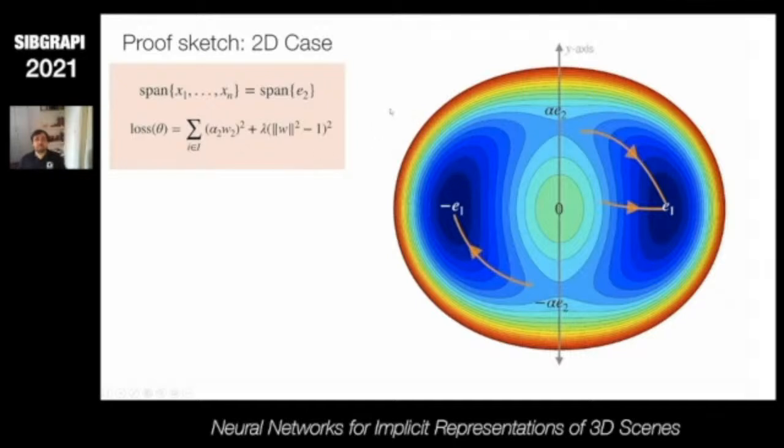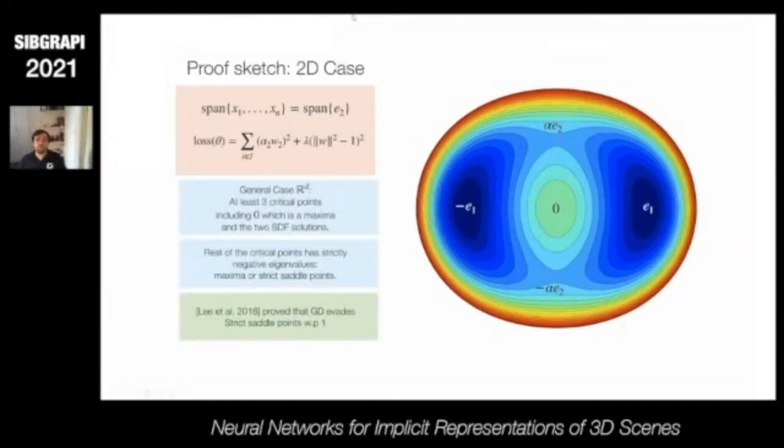Okay, the gradient descent will evade the saddle points and converge to an SDF solution for any starting point orthogonal to the y-axis. So the probability of convergence is 1. For the general case in R^D, we have at least 3 critical points, including the maximum and 2 SDF solutions. Okay?